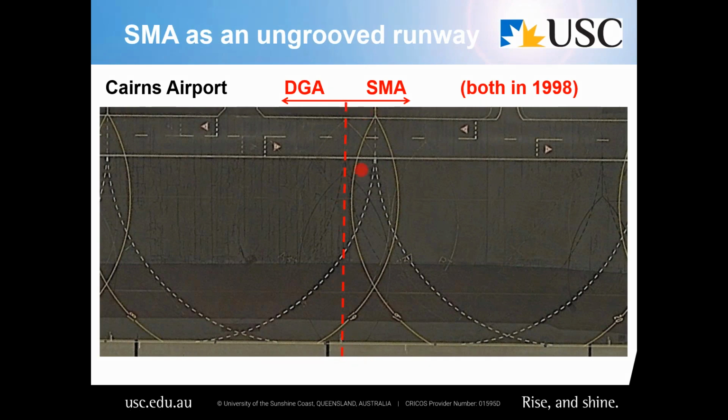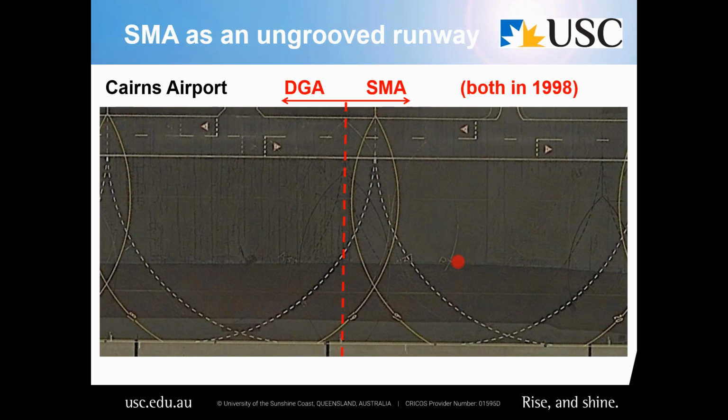If you go and physically look at it on the ground, Steve Willis has got some paint markings down here that tell you that on this side of that line is dense graded asphalt, and on this side of the line is stone mastic that he did as a trial in 1998 because he thought it would be a good idea. And you can see there, I know it's probably hard to see over the internet, but all of that colouring in that area is all crack seal, and on this side there's virtually not one bit of crack seal anywhere to be seen.